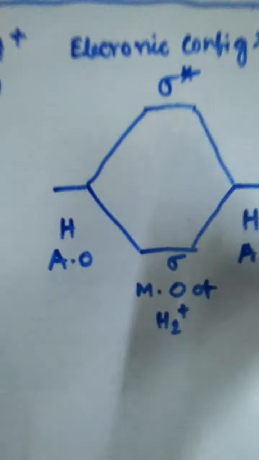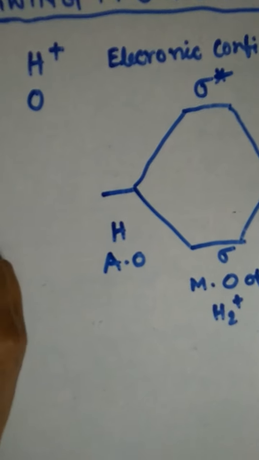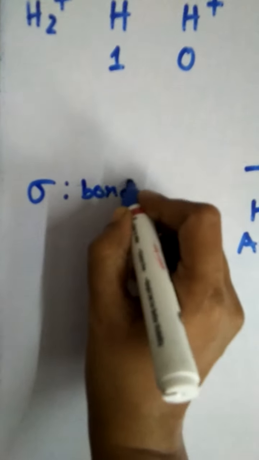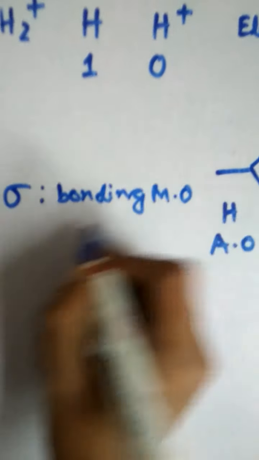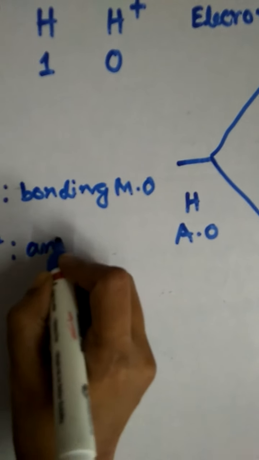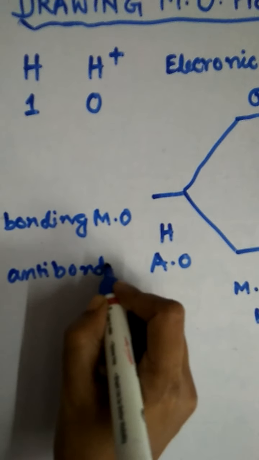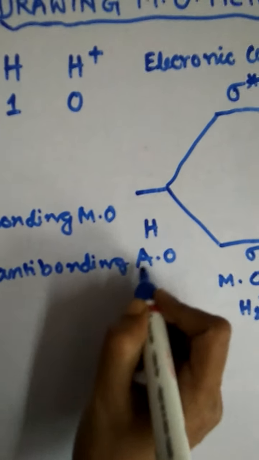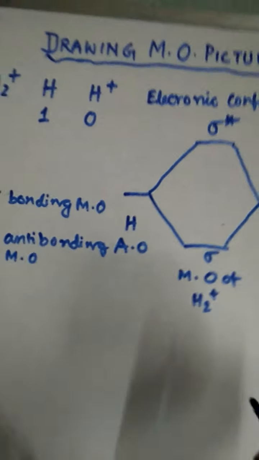What is sigma? Sigma is the bonding MO, and sigma star is the anti-bonding MO.